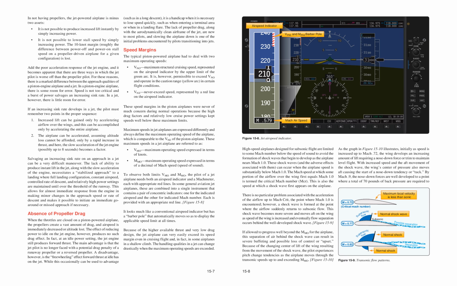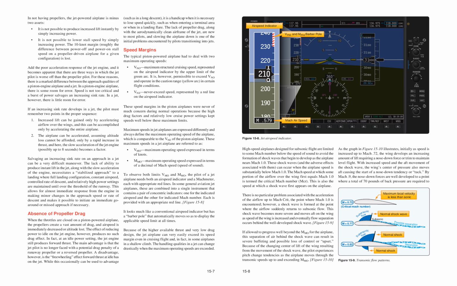With increased speed and the aft movement of the shock wave, the wing's center of pressure also moves aft, causing the start of a nose-down tendency or tuck. By Mach 0.9, the nose-down forces are well developed to a point where a total of 70 pounds of back pressure are required to hold the nose up.